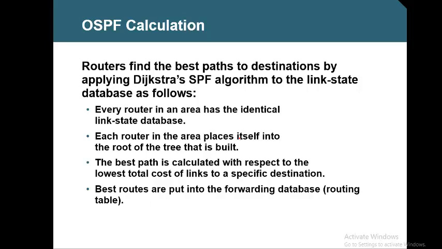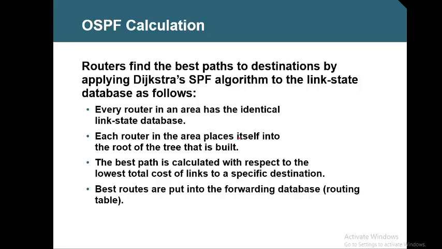So the link state advertisements that are shared between the neighbors are stored in the database, and the database is referred to by this OSPF algorithm to find the shortest path for each destination.